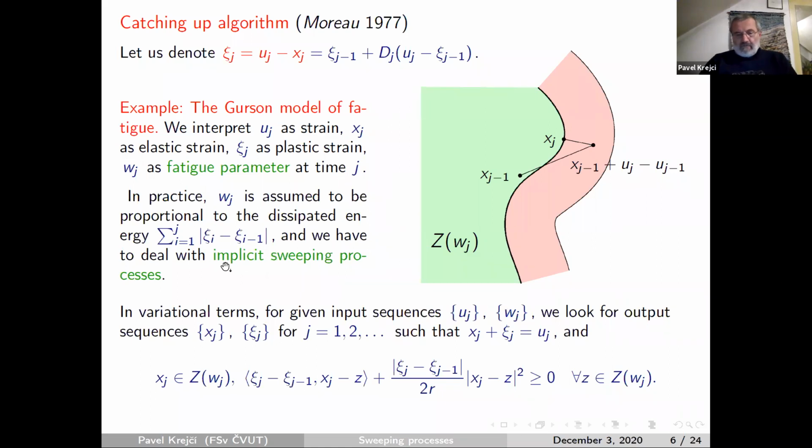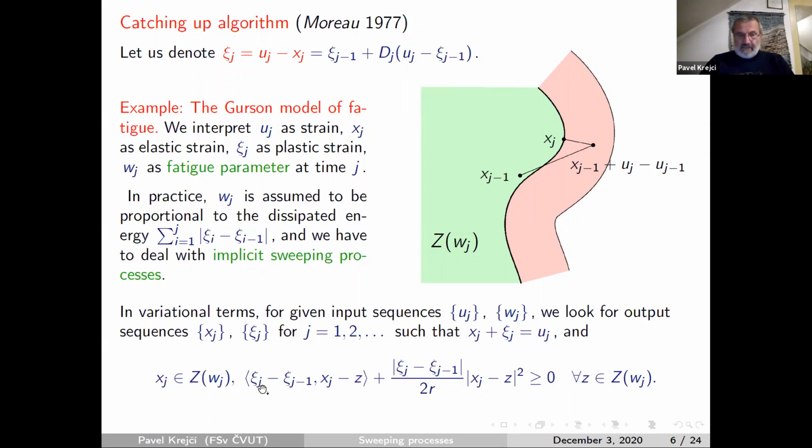And now, again, I come back to the variational inequality, which defines the projection. This is exactly what the variational inequality is doing. So xj-1, xj minus z.